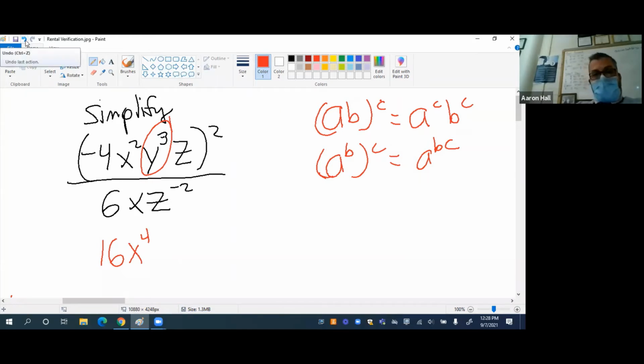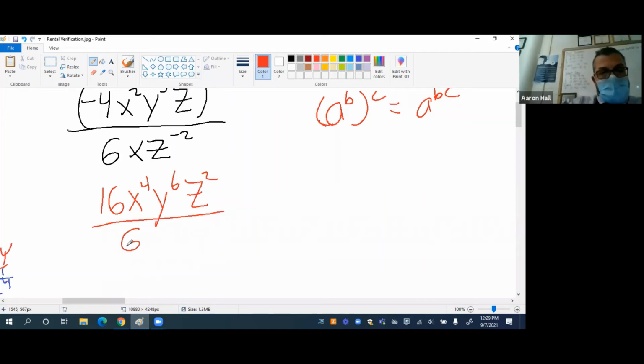Yeah, y to the power 6. Okay, what about this one? Yeah, z squared. Nice. And then in the denominator, we still have this 6xz to the power of -2.